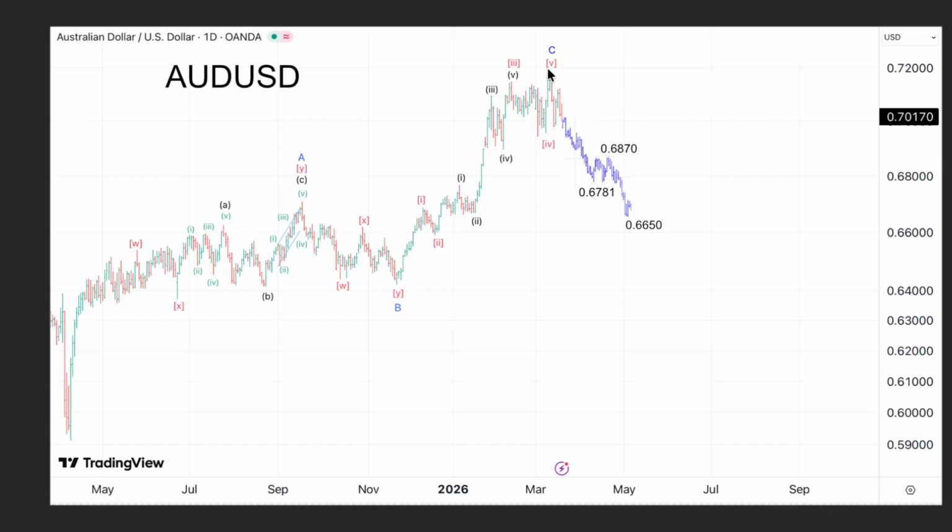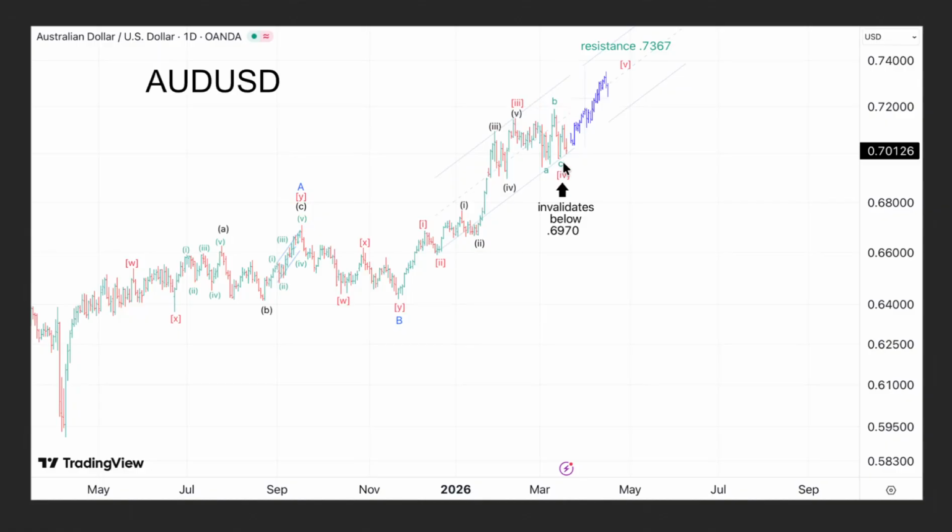So this right here controls everything, because this is a breaking of this upward trend. But if it's a wave C like in this slide, we have more upward movement and the trend continues. So this is very important.